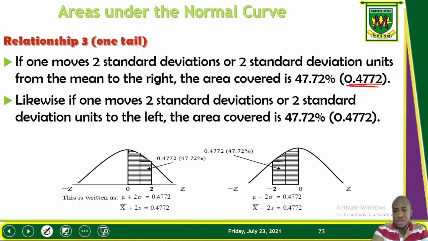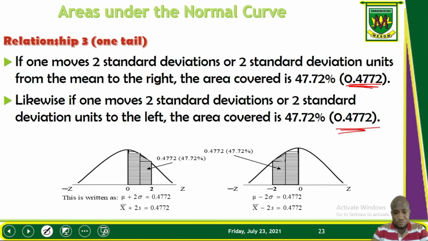Remember I said that's what you see on the table. Likewise, if one moves 2 standard deviation units to the left, the area covered is the same. Whether to the left or to the right is the same thing.